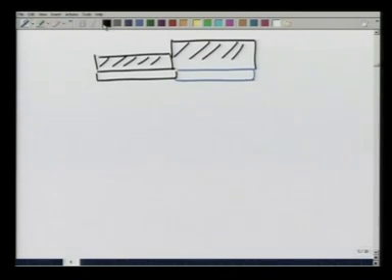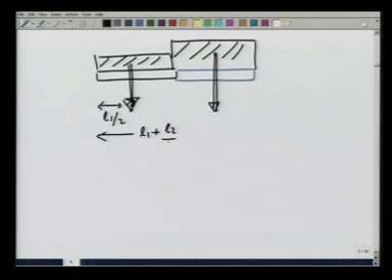I know the center of gravity of this load, which is at a distance of L1 by 2, and the center of gravity of the other load is here, which is at a distance of L1 plus L2 divided by 2.